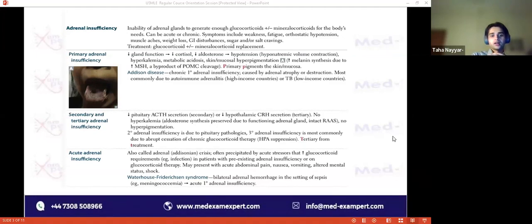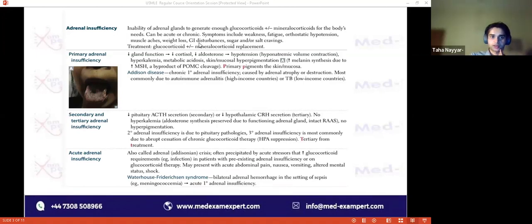Now, if we give ACTH to these individuals, what will happen? Either it will not increase the levels of cortisol, or it will increase the level of cortisol, right? So if it increases the level of cortisol, what type of adrenal insufficiency are we talking about? Can someone tell? If we give ACTH to these individuals, and after some time you see the cortisol levels are back up, what type of adrenal insufficiency are we talking about?